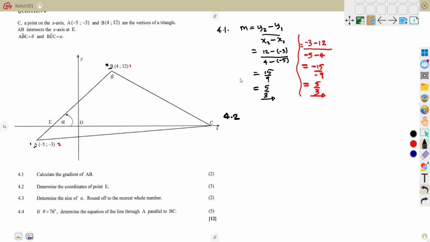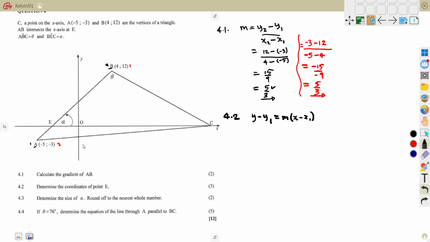So to get the equation of AB, it's y minus y1 equal to m open bracket x minus x1. This is the equation. So when we substitute into the equation, we know our gradient, we got it there. Then our point, we choose either A or B.